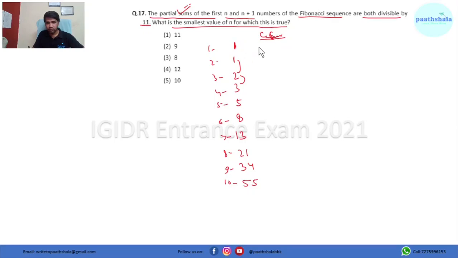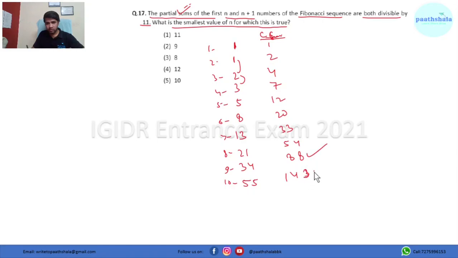So this will be 1, this will be 1 plus 1, that is 2, 2 plus 2 will be 4, 4 plus 3 will be 7, 7 plus 5 will be 12, 12 and 8 is 20, 20 plus 13 is 33, 33 plus 21 comes out to be 54, 54 plus 34 is 88, then 88 plus 55 will be 143.